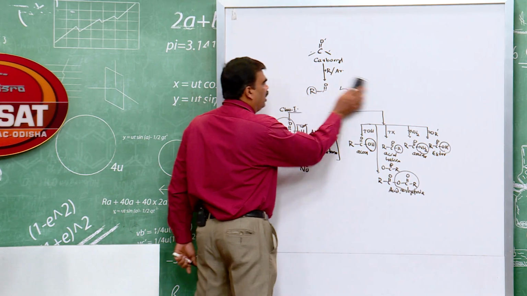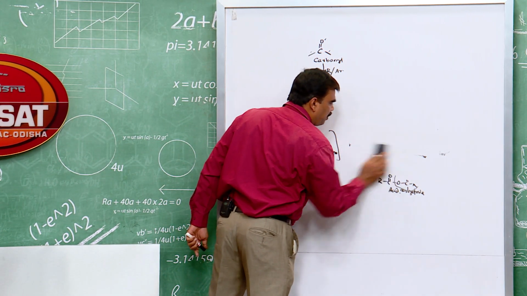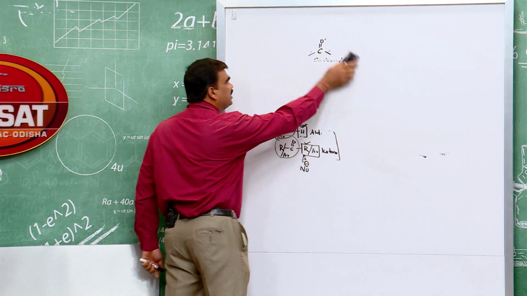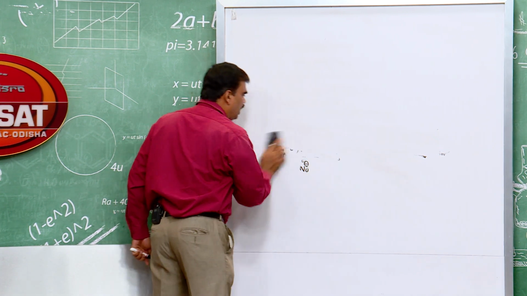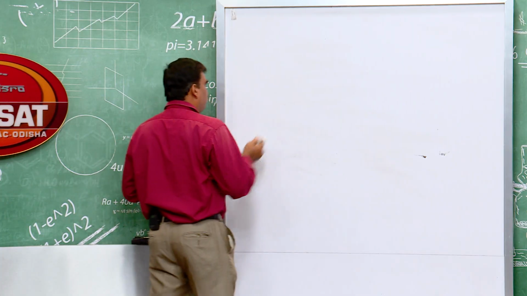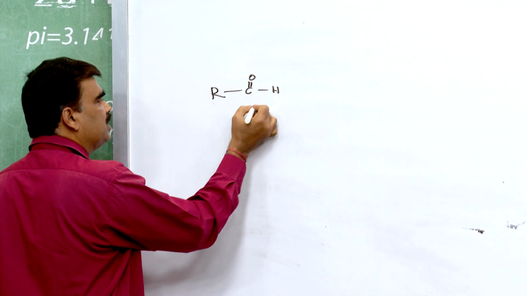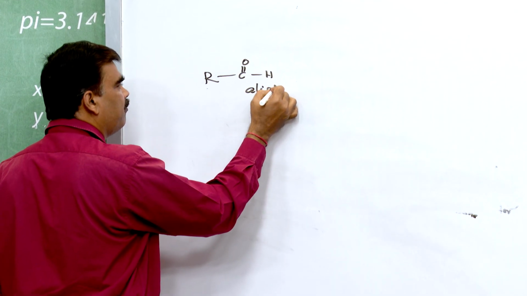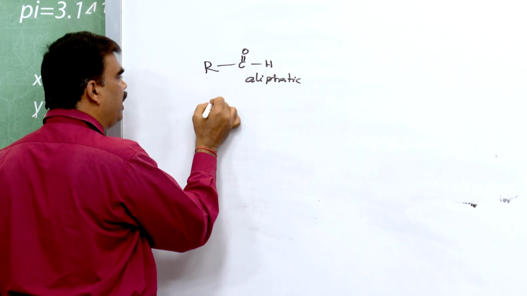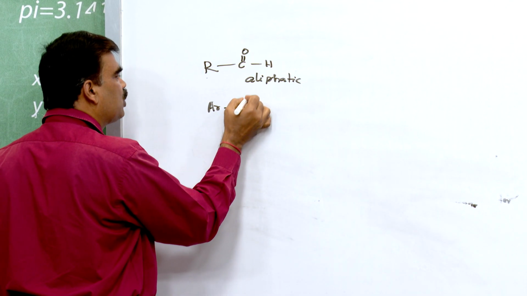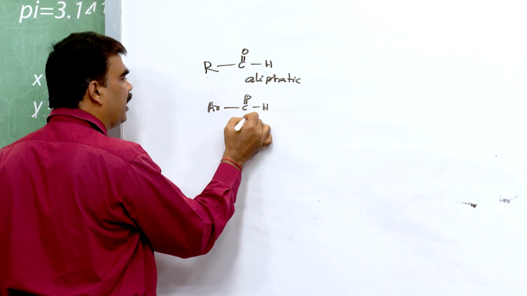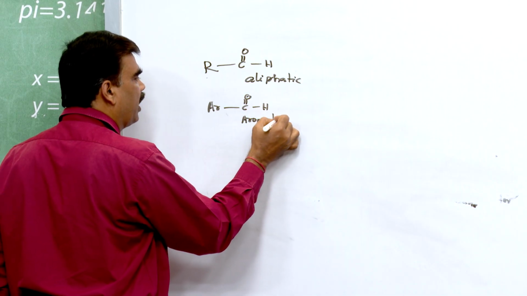So this is aldehyde, and aldehydes are of two types. If an alkyl group is bonded to CO, this is called aliphatic. If an aryl group is bonded, it is called aromatic aldehyde. This is called aromatic.